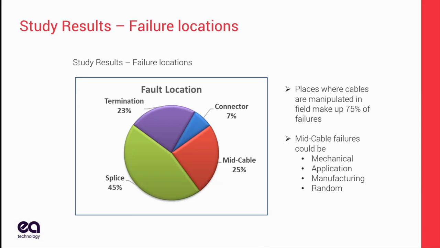Mid-cable, as it comes out of the factory, yeah, it's impacted by some of the environment around it. We see sometimes that rocks in buried cable will migrate up and press in on the insulation, causing a failure, or with undersea cable, you could have a water problem. But for the most part, 75%, the fault location was where someone was touching the cable out in the field.